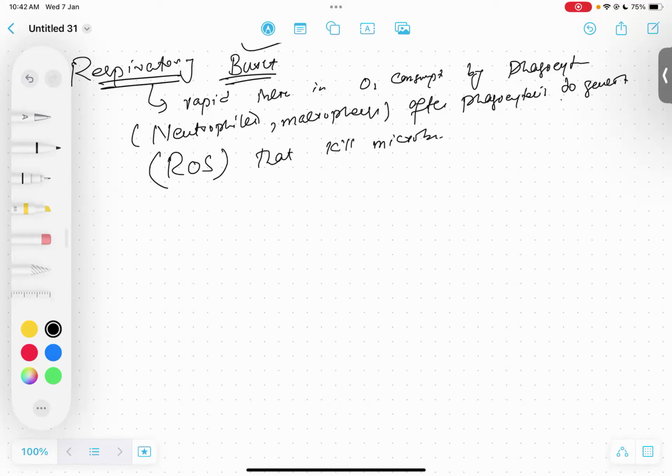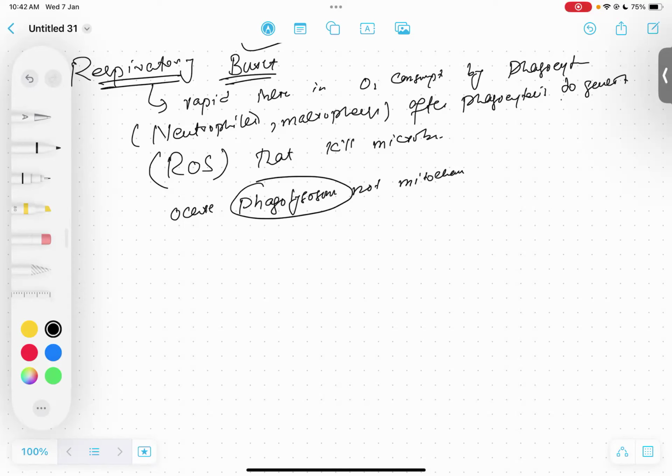This usually occurs in a phagolysosome, not in mitochondria. So remember that it occurs in a lysosomal process.